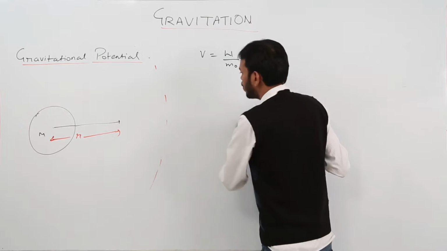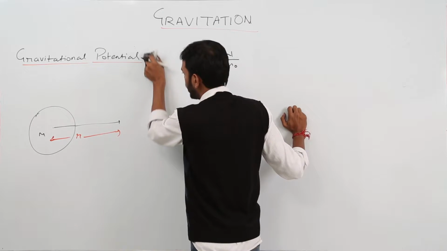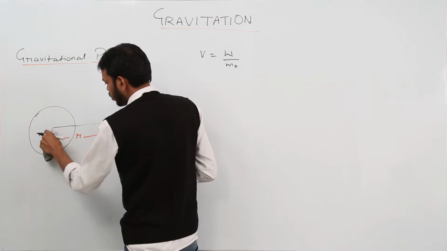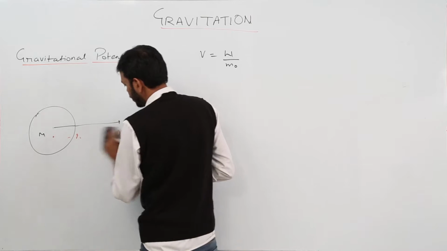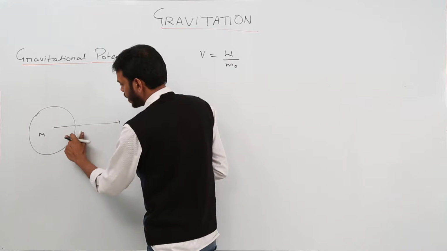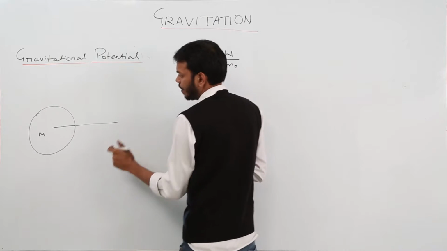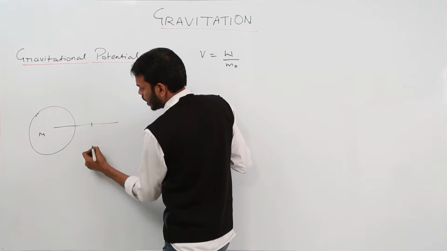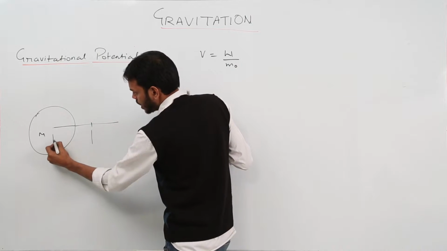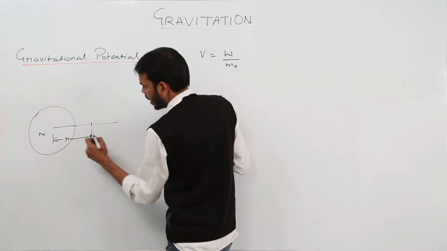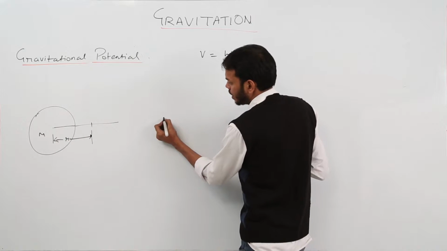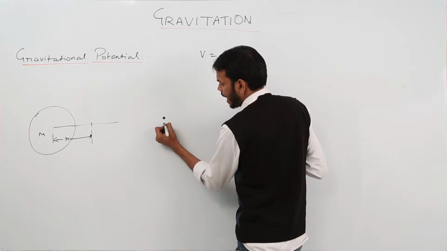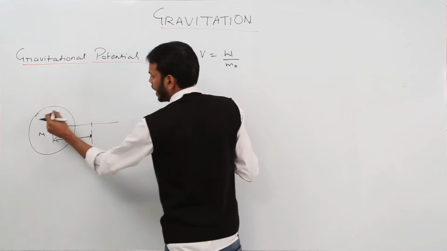We need a bit more workspace here, so I am shortening my values and making a small diagram. Let us say we have to find the value of gravitational potential at this distance, small r, and currently the small mass m0 is at infinite distance.